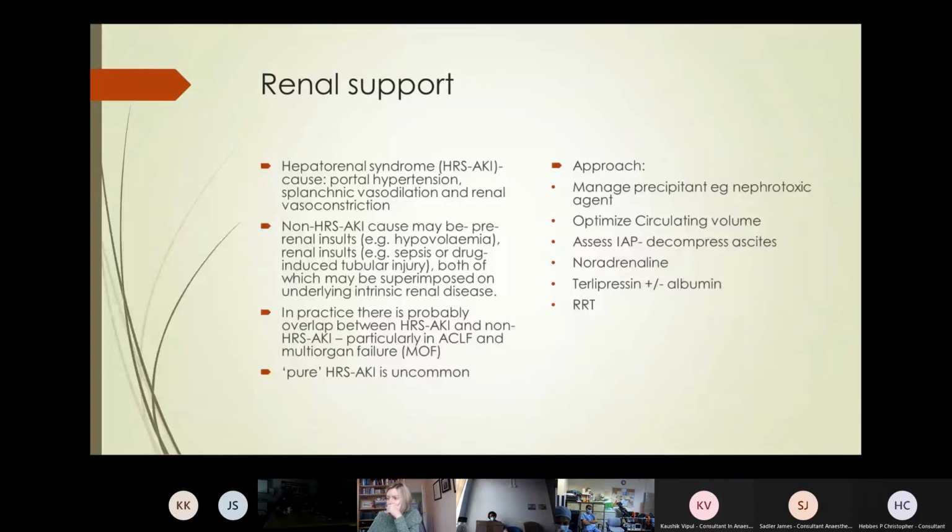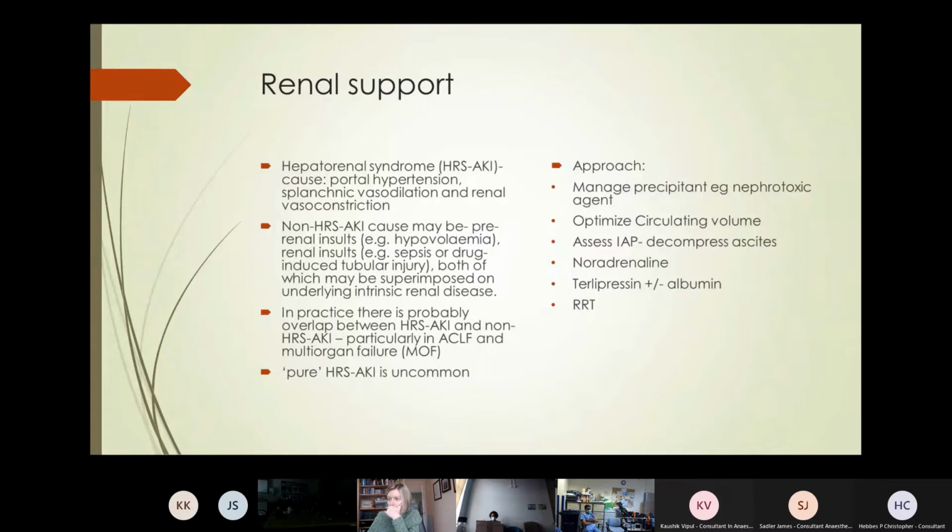Sometimes the HRS and the non-HRS overlap, so remember that it's uncommon to have a pure HRS AKI.